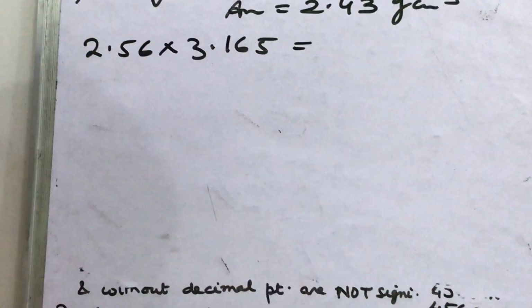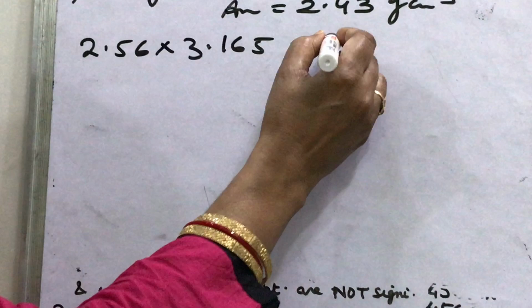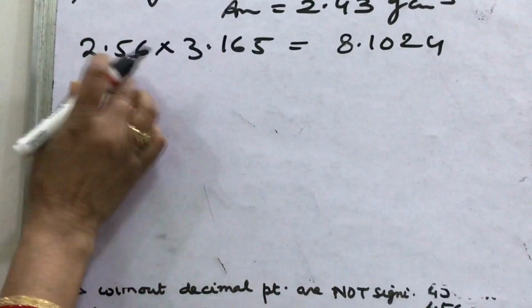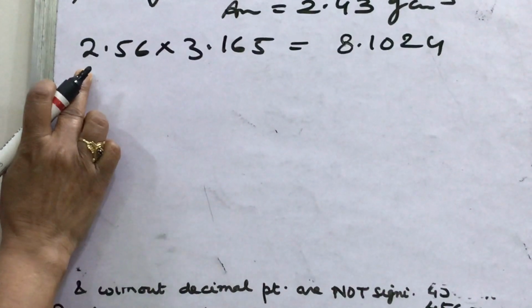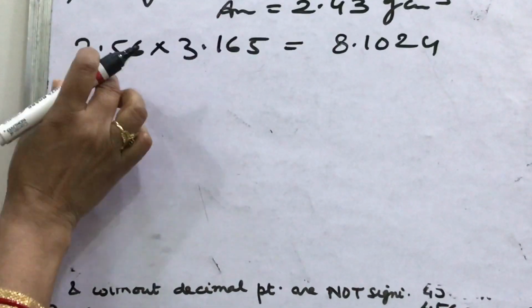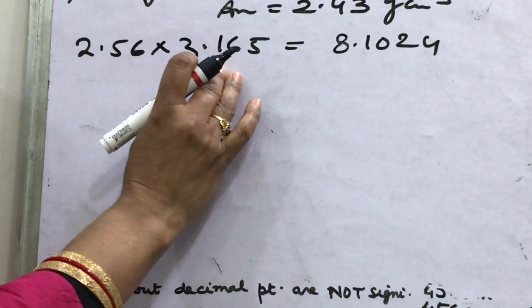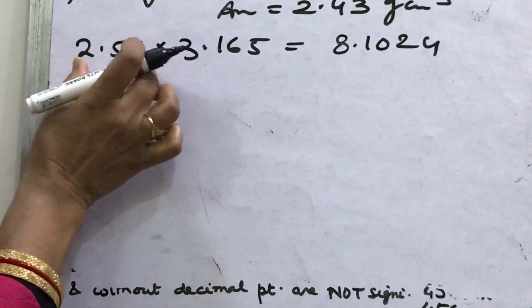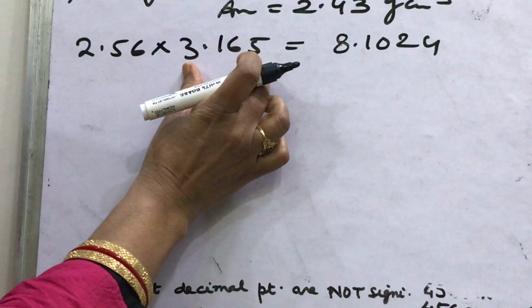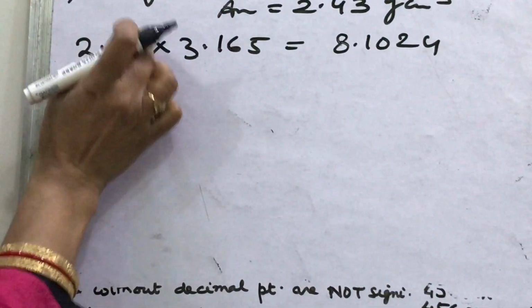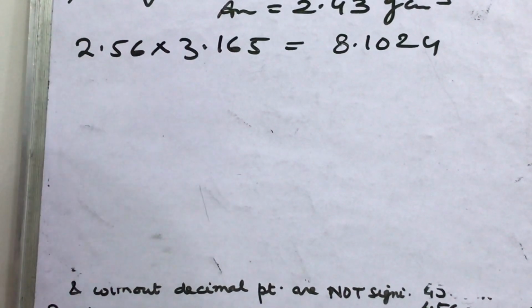So its multiplication gives 8.1024, but you have to write your answer in the least number of significant figures among the quantities which are multiplied. The least is in this, so the answer should contain only these 3 significant figures.